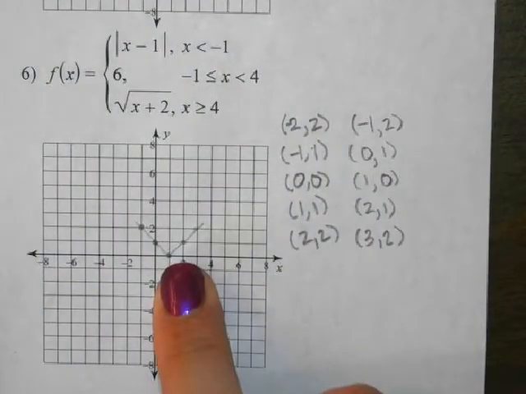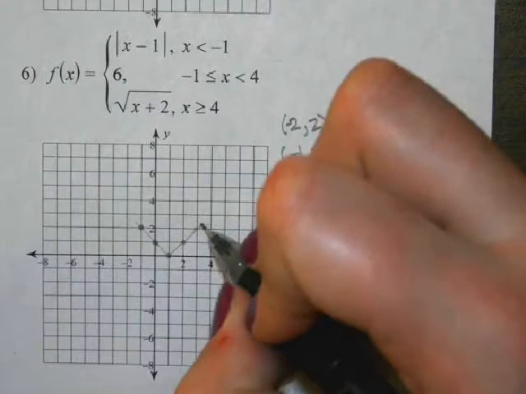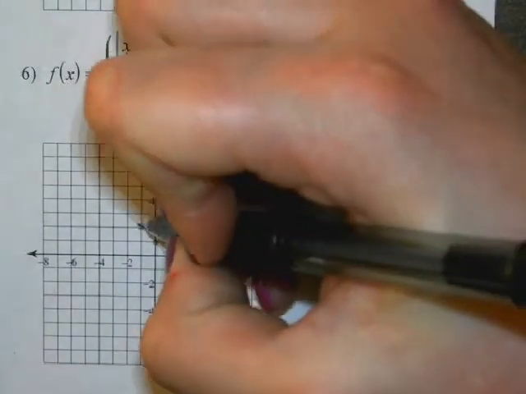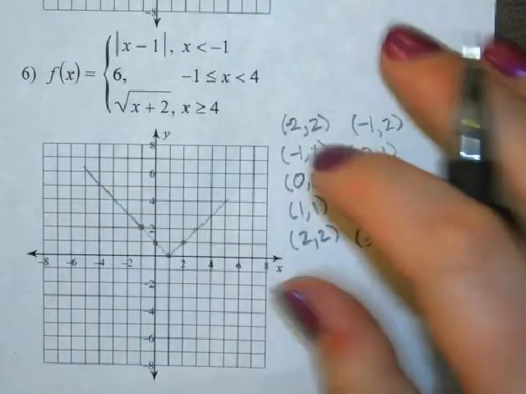Now, the graph is telling me to keep the part to the left of -1. Do I have enough of my graph drawn? No, so I gotta draw more. I'm gonna keep the pattern going. Okay.